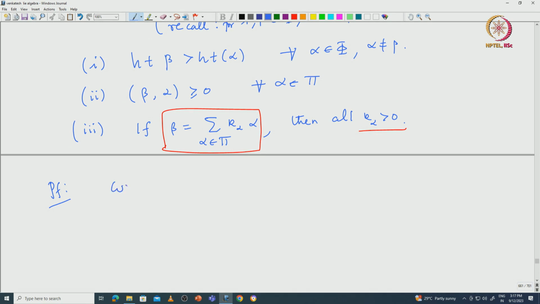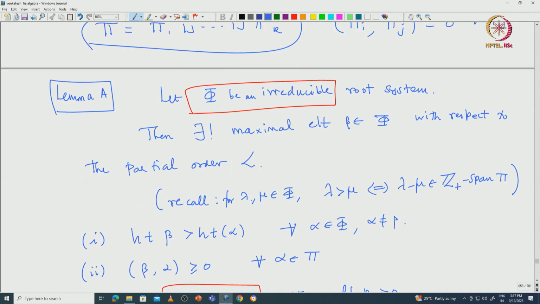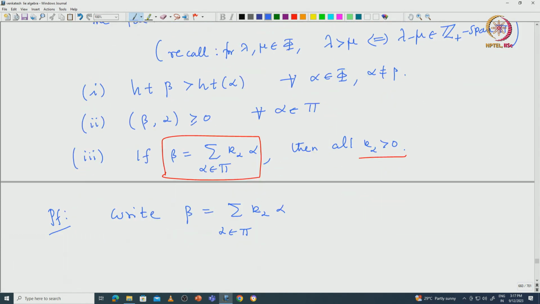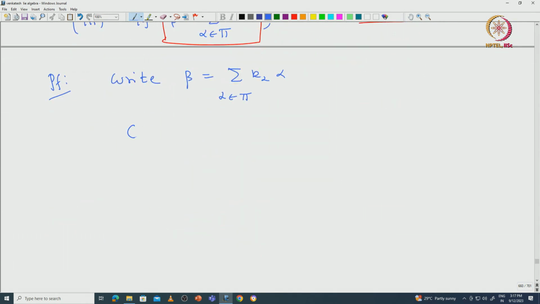First you write beta as summation k_alpha alpha, alpha coming from pi. Since beta is maximal with respect to the partial order, it is clear that beta must be positive. So, in particular we can assume that these k_alphas are all coming from Z plus, for all alpha in pi.